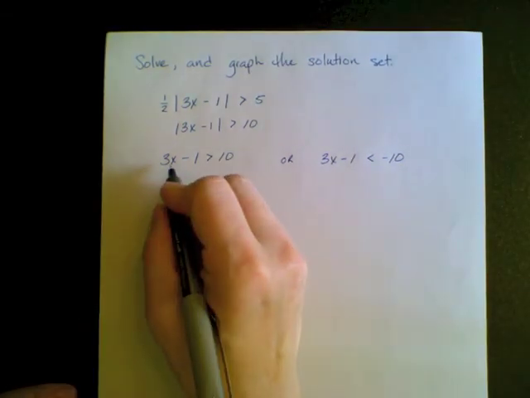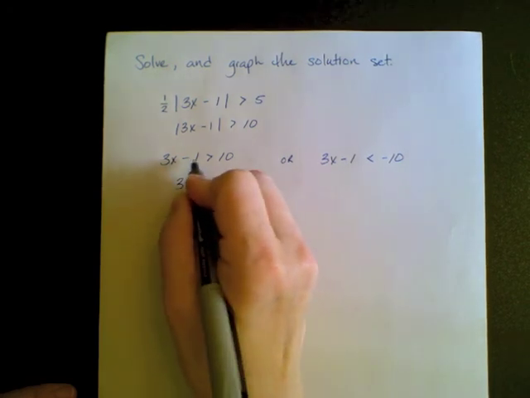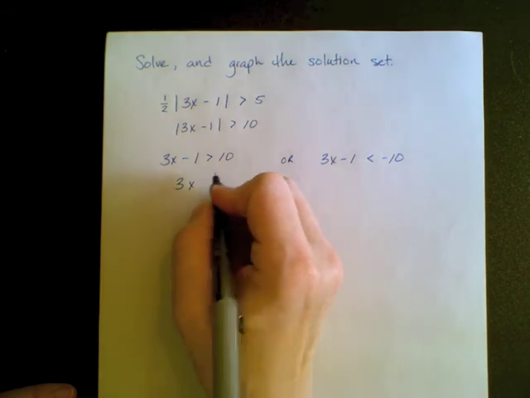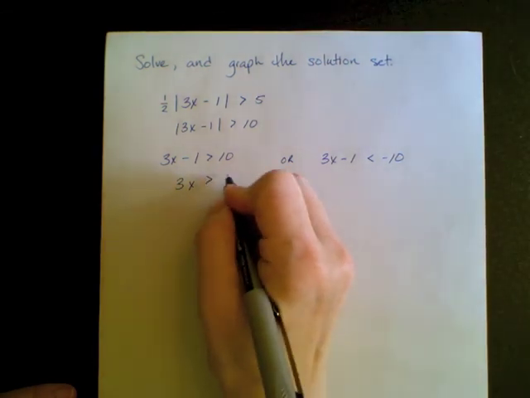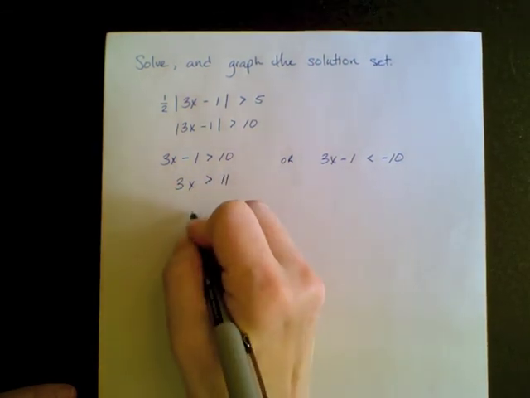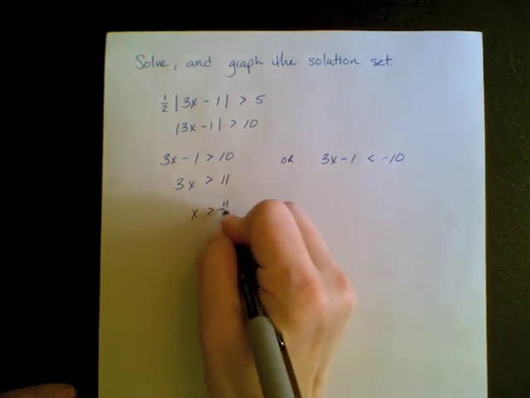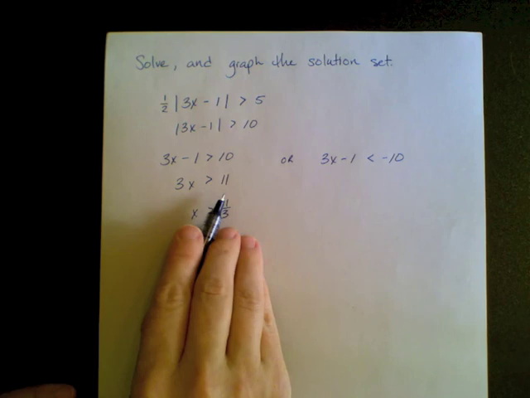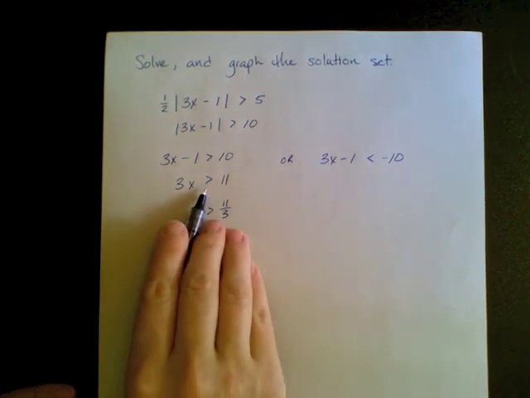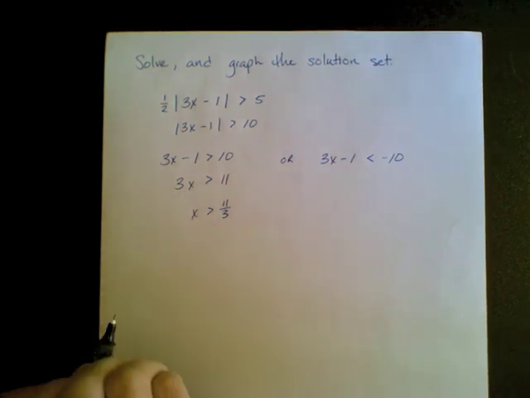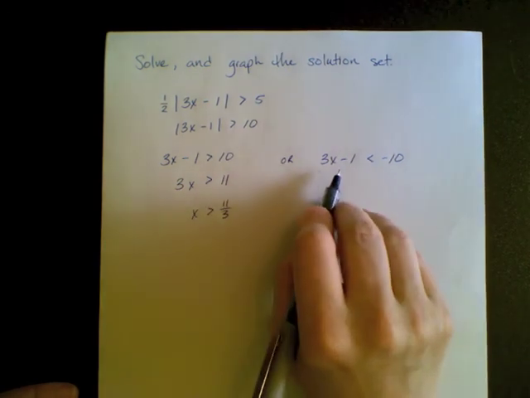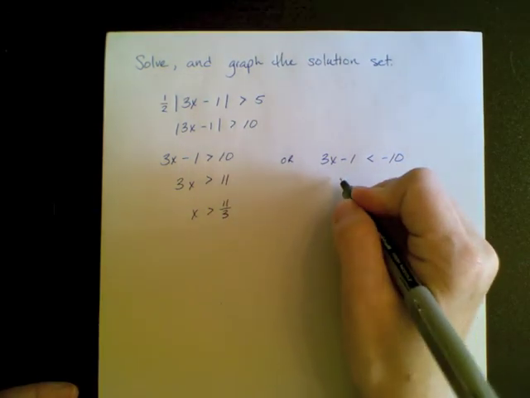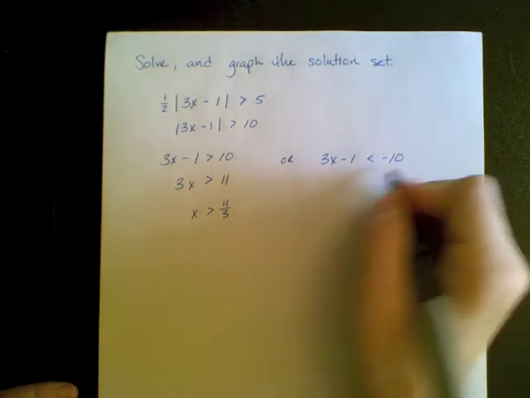So first, I will add 1 to both sides, and I'll get 3x is greater than 11. So x is greater than 11/3. And again, I divided by 3. I did not need to worry about flipping the inequality sign since 3 was a positive number. Over here, I'm going to add 1 to both sides.